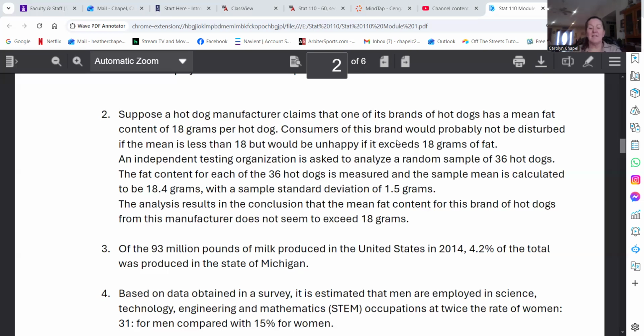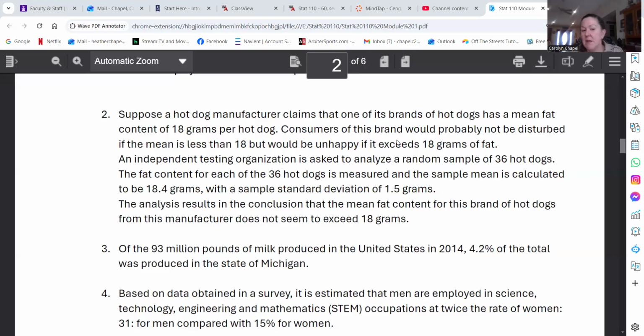So this is an example of an inferential because they took that information, that 18.4 and that 1.5, and they did some stuff to it. And then they decided that, oh, okay, the manufacturers aren't really more than that 18 grams.